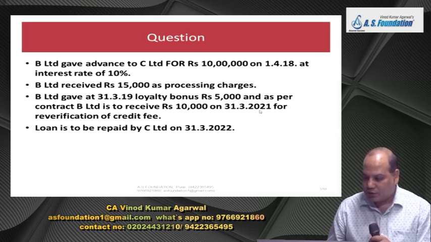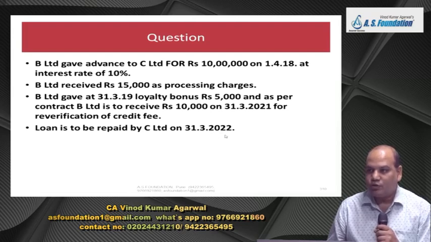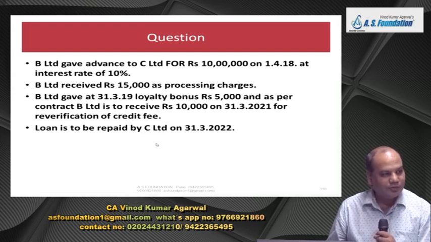This is on 31st March 2021, and the loan will be repaid by C Limited on 31st March 2022. So what you have to do? What is the question? Prepare loan account.